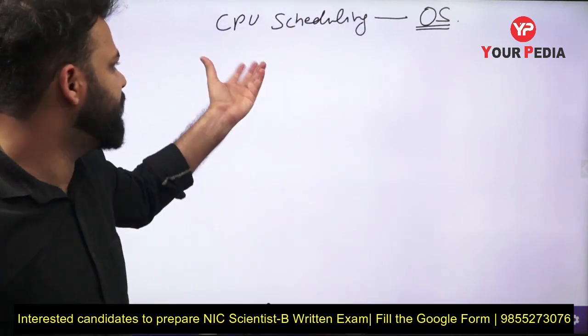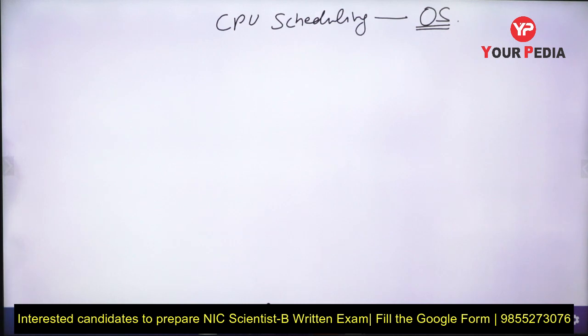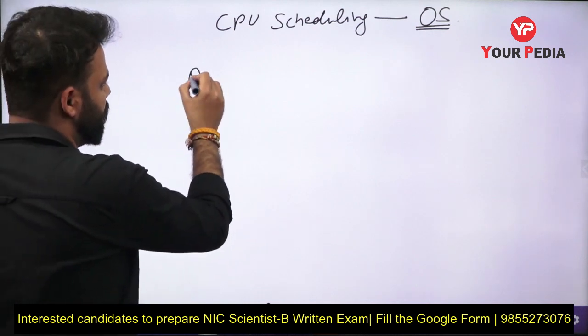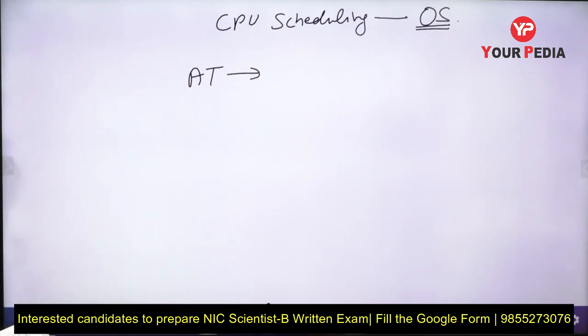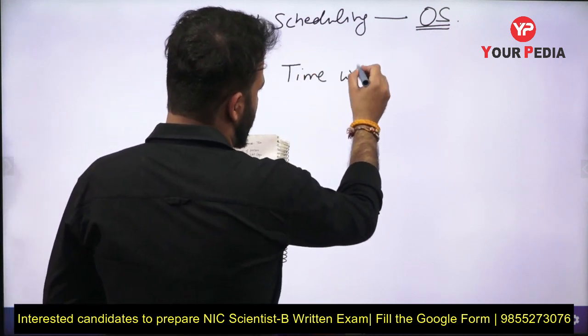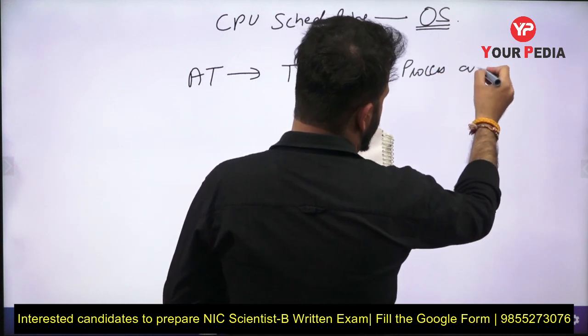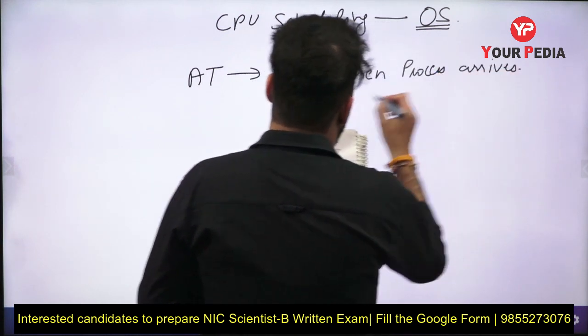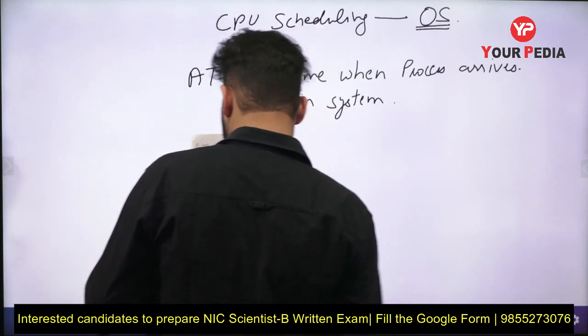In order to understand what CPU scheduling is, first we need to understand some of the common terminologies used in CPU scheduling. The first terminology is arrival time. What do we mean by arrival time? The time when a process arrives in the system.